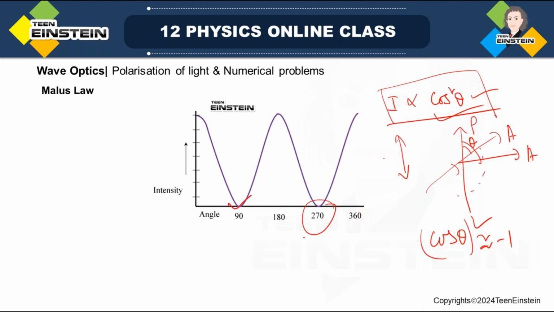All right, so we have understood this is the intensity variation of polarized light when it is seen through an analyzer.